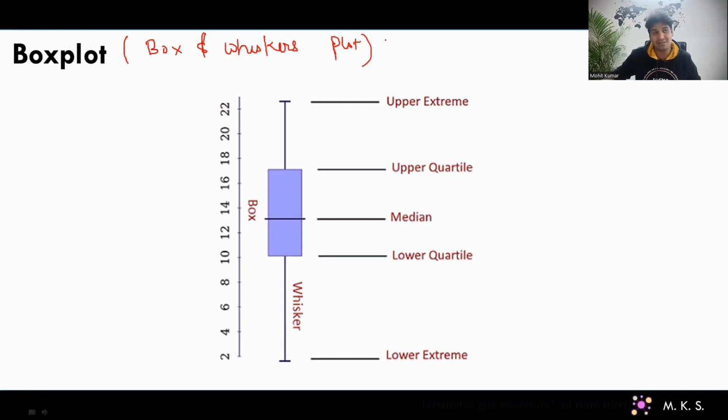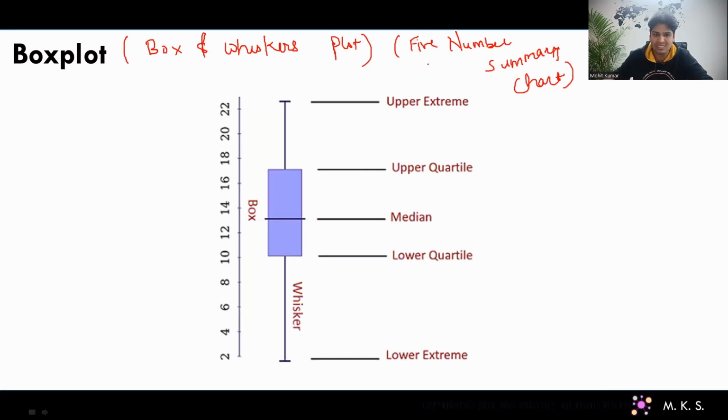A lot of times I have seen people ask in interview rooms, guys, which chart is your 5-number summary chart, right? So these are three different names for the same chart which we are going to discuss, guys: box plot, box and whiskers plot, and 5-number summary chart or 5-number summary plot.